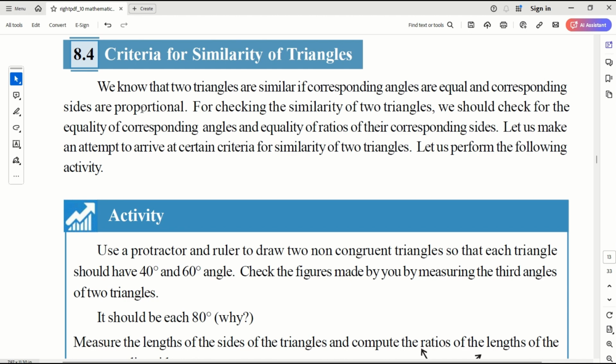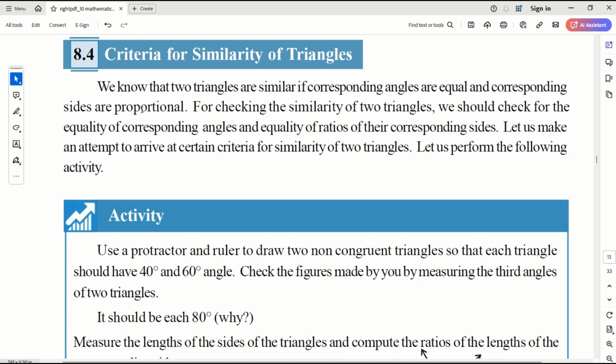If it is ABCD and PQRS, then angle A and angle P should be the same, and correspondingly each angle should be equal. The second condition is the corresponding sides should be in the same ratio.